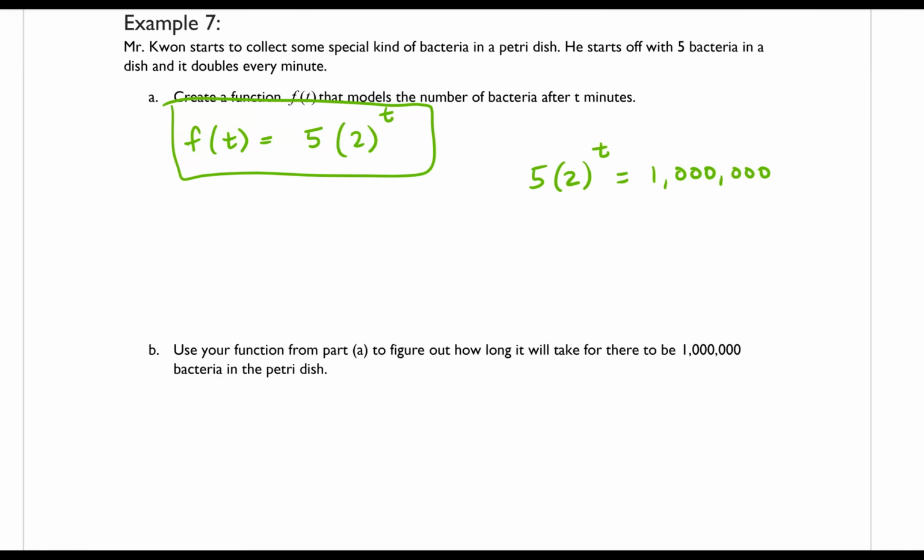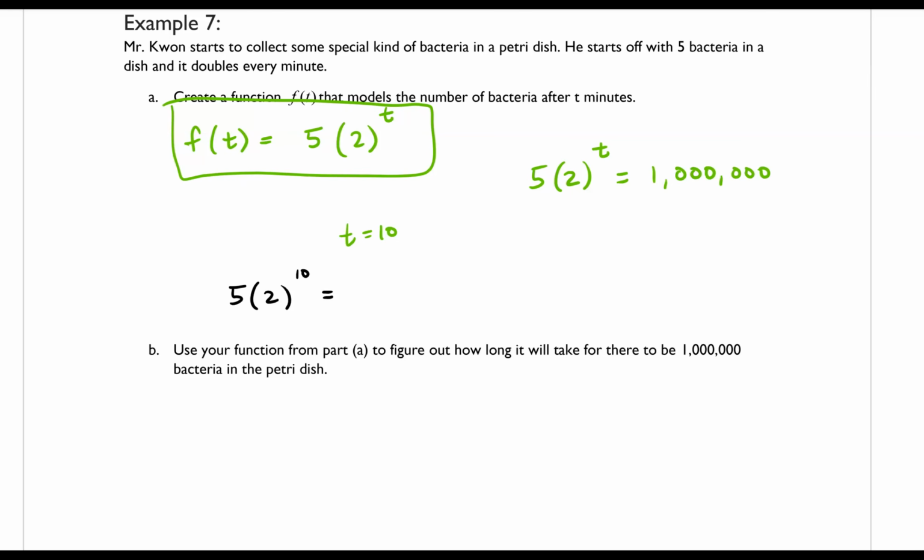So what we could do at this point is you could use your calculator and you could plug in values for t and kind of guess and check. So, maybe you could try t equals 10. So what we would do there then is we would do 5 times 2 to the power of 10.